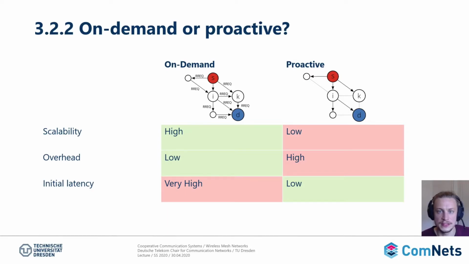So be aware that this is a very general comparison of the possibilities of those methods. One can still implement a scalable and low overhead proactive protocol compared to some inefficient on-demand protocol. But generally it's easier to design a proactive protocol with low initial latency because of the way those are structured.